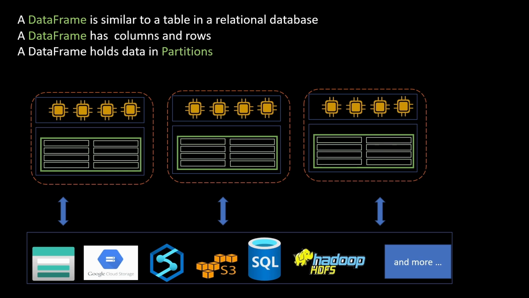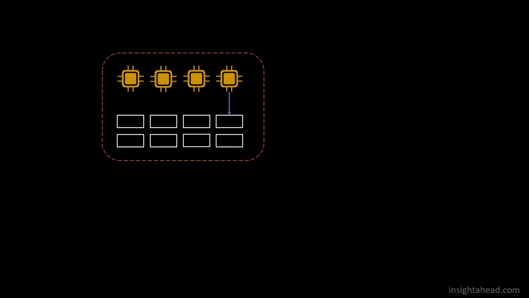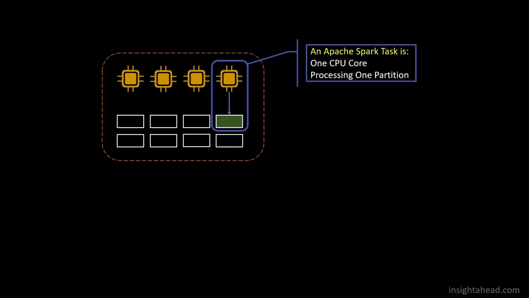At runtime, the following then happens. One processor or one core will process one partition, and this is what we call an Apache Spark task, which means one CPU core processing one partition. When the processing is successful, it produces one file and then moves on with the next available partition.